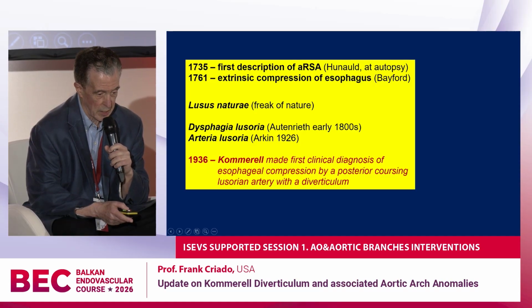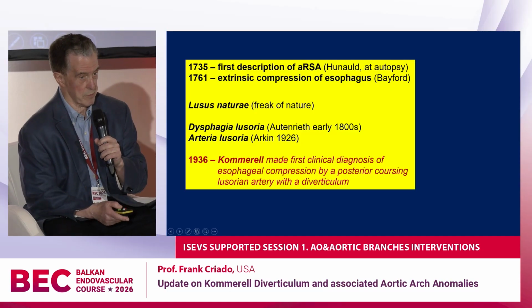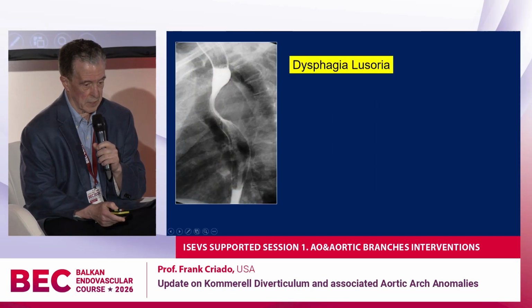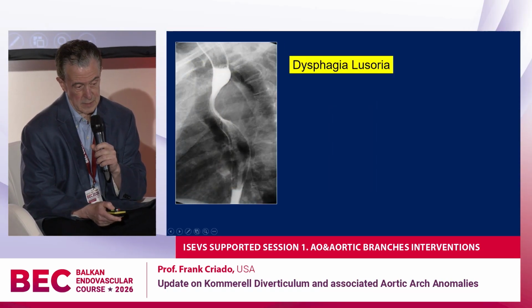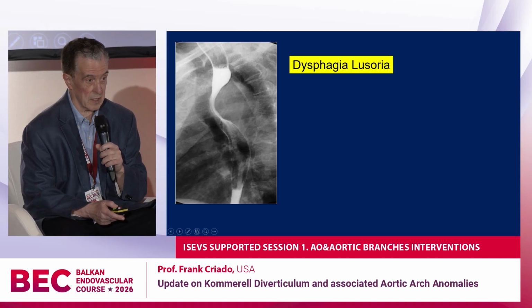It was Kommerelli who made the first clinical diagnosis of esophageal compression by a posterior coursing lusorian artery with a diverticulum. And you can see there in this case, much more recent than all of those references, why a large diverticulum can really compress the esophagus and cause swallowing difficulties.